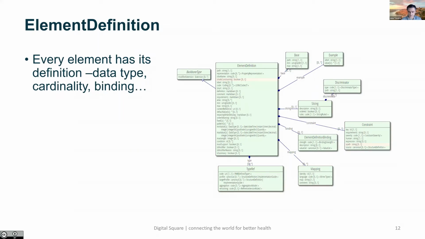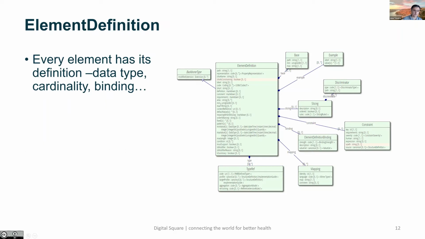So, a bit into the details of the specification. What we have is the following. Every element that we have in FHIR is defined through an element definition. We have a couple of characteristics, and let me just show a few here. We have the short name of the data element, the definition of the data element.